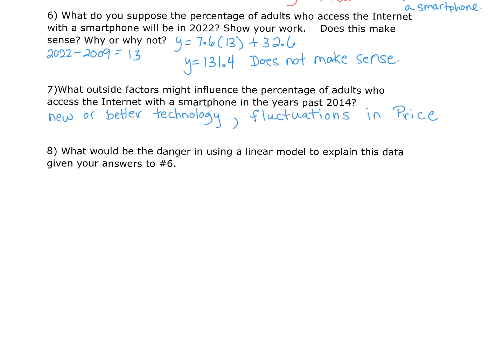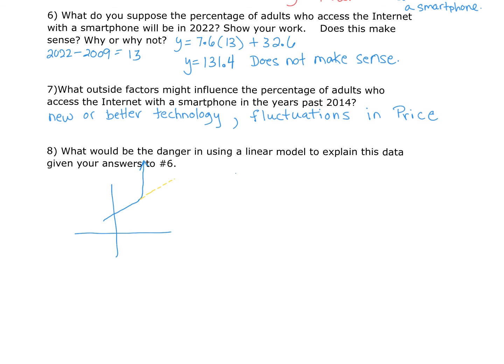So to answer the last question, what would the danger be in using a linear model to explain this data, given your answers to number 6 and 7, actually, we might have something where it was linear for a while, but then because of new technology, it took off. In that case, our line would underestimate the number of adults.